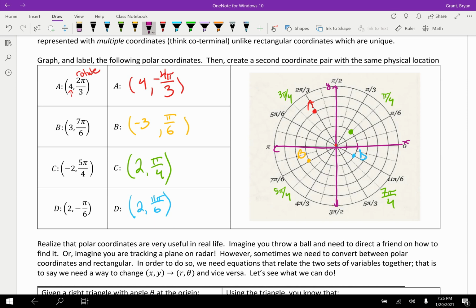So for example, if I wanted to approximate the location of point C right here, it looks to me like you'd go maybe over 1.5-ish and then up, also looks like 1.5-ish. So would this point also be called 1.5 comma 1.5 in an xy coordinate plane? Well, maybe, but that could also be an approximation. There's probably a better way to do it than guessing.